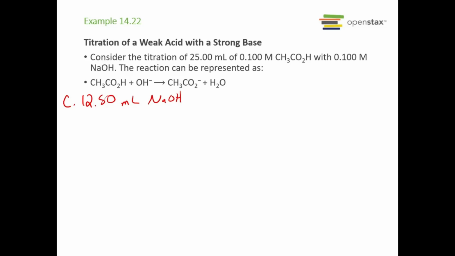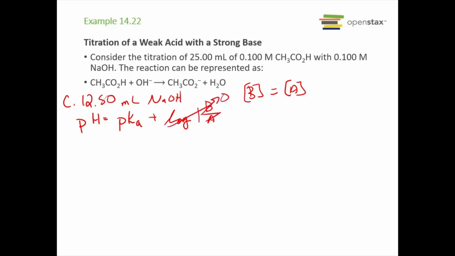So if we look at the Henderson-Hasselbalch equation, pH is equal to pKa plus the log of base over acid. And here our amount of base is equal to our amount of acid. So that's the log of 1, which becomes 0. So here our pH is equal to our pKa.